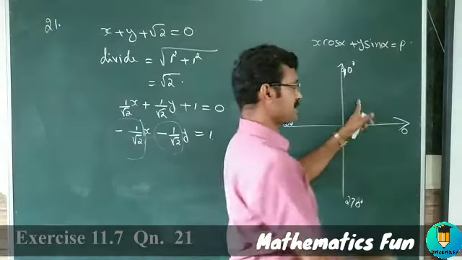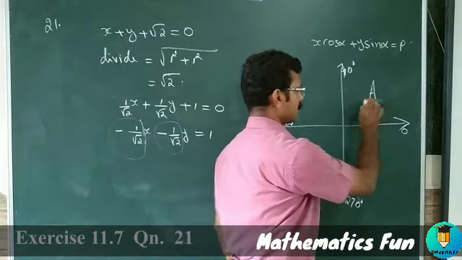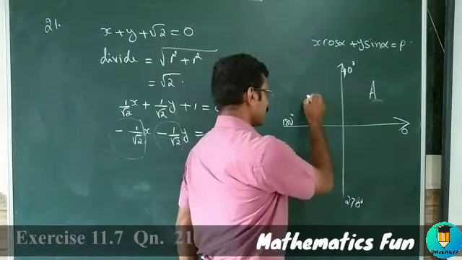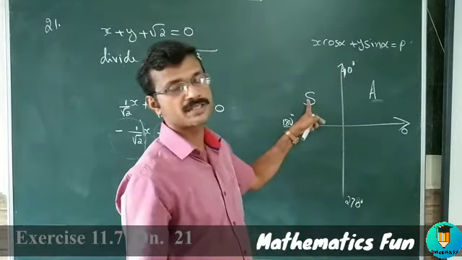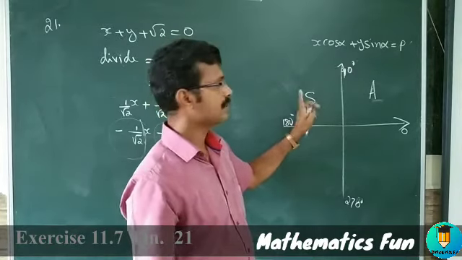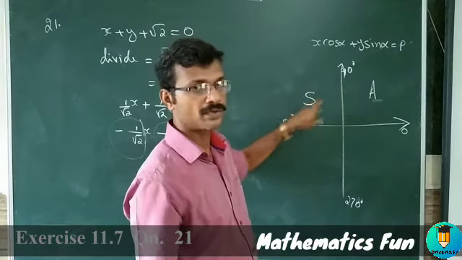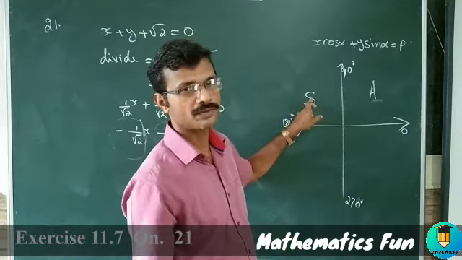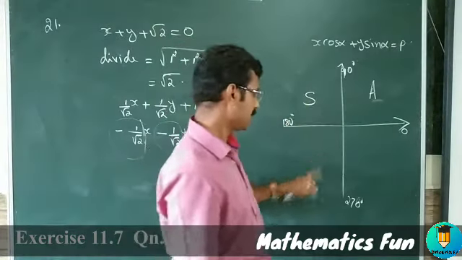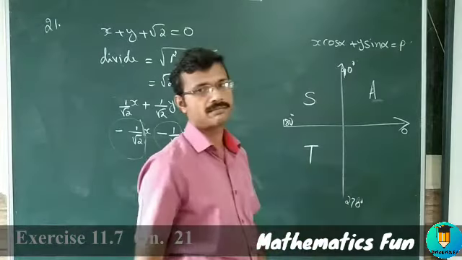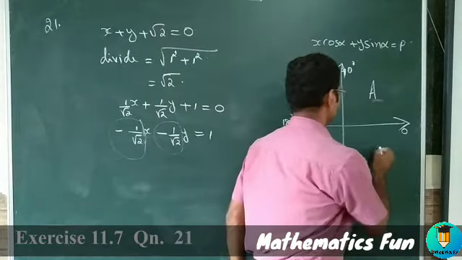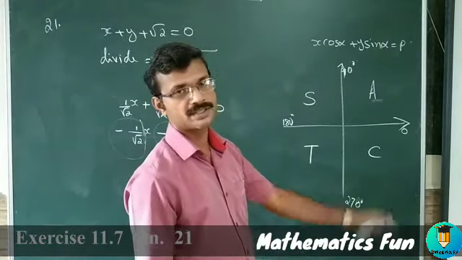In the first quadrant, all trigonometric functions are positive, that is 0 to 90. In the second quadrant, sine and its reciprocal cosec are positive; all others are negative. In the third quadrant, tan is positive and all other functions are negative. In the fourth quadrant, cos is positive and all others are negative.